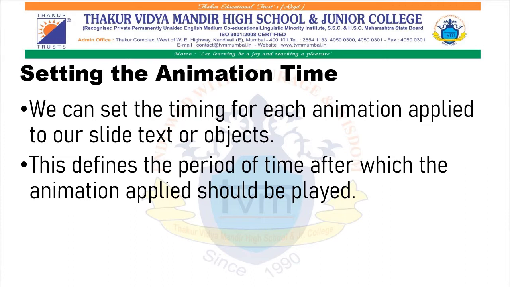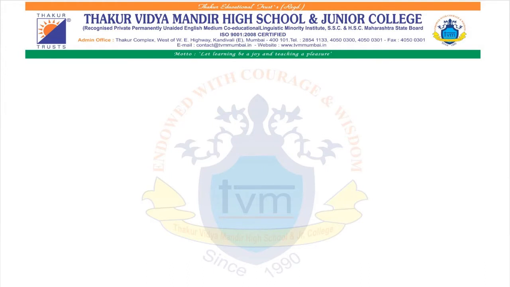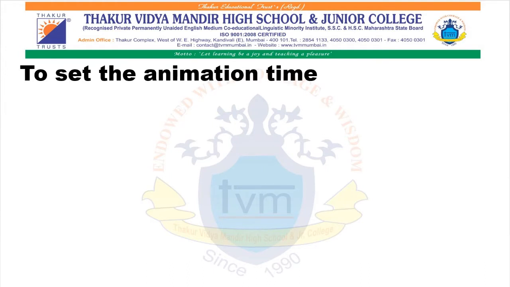That means we can set a timing for each animation which is applied to the text or the object in the slide, and which also defines the period of time. That means how long, or after how much time, one particular animation will be played on the slide. Now let us see about how to apply animation time on the slide.